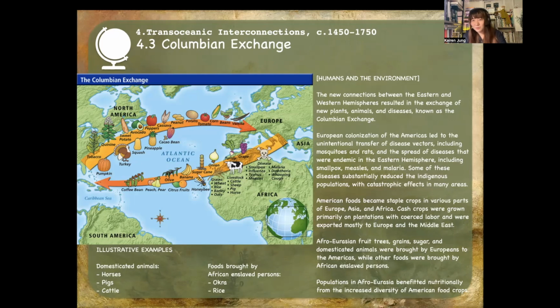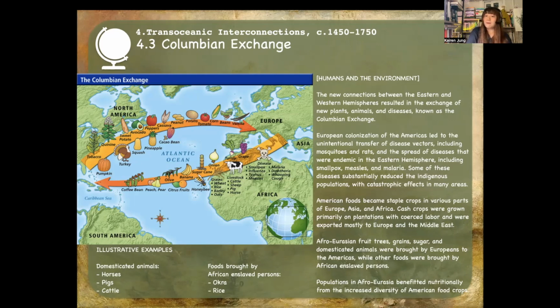The new connections between the eastern and western hemispheres resulted in the exchange of new plants, animals, and diseases, known as the Columbian Exchange. European colonization of the Americas led to the unintentional transfer of disease vectors, including mosquitoes and rats, and the spread of diseases that were endemic in the Eastern Hemisphere, including smallpox, measles, and malaria. Some of these diseases substantially reduced the indigenous populations, with catastrophic effects in many areas.